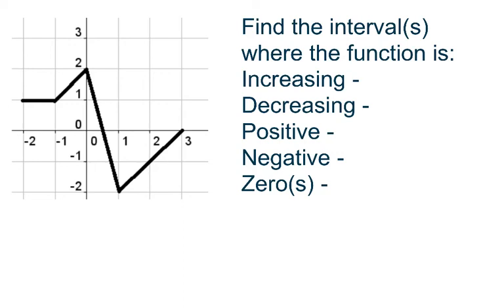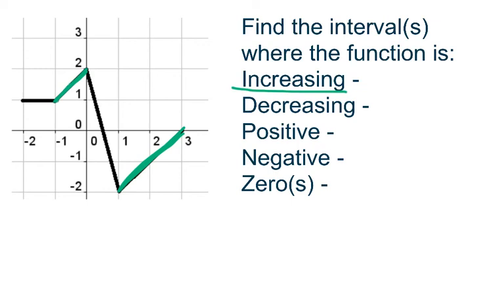Okay, so we're going to find the intervals where the function is, let's do just increasing first. So I'm looking for where is the graph going uphill, so I'm going to highlight it. From right here to right here, definitely going uphill, and from right here to right here. And I'm only going to talk about the x values, and I'm going to say where it starts and where it stops.